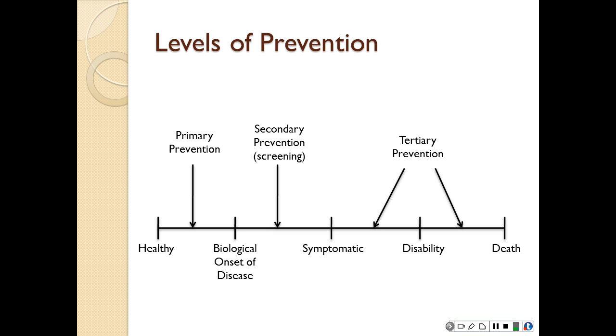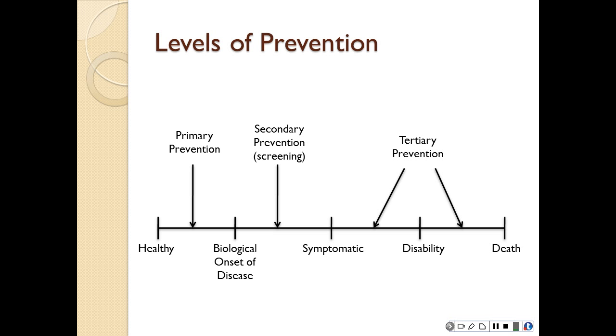Secondary means we want to find out that you have the disease and do something to ameliorate the effects of the disease before you realize that you're sick. So that's when screening takes place. Then all of a sudden you develop symptoms, and then tertiary prevention is really talking about, we know you're sick, we want to keep you from getting sicker.